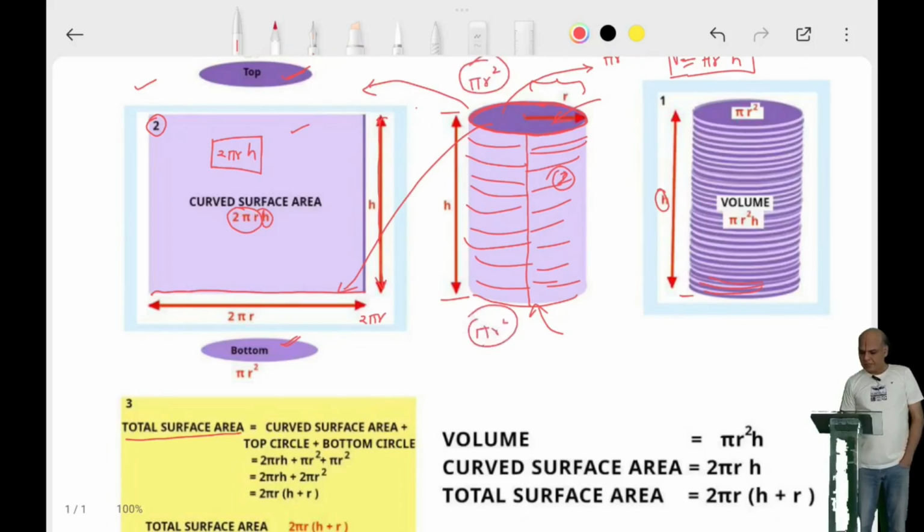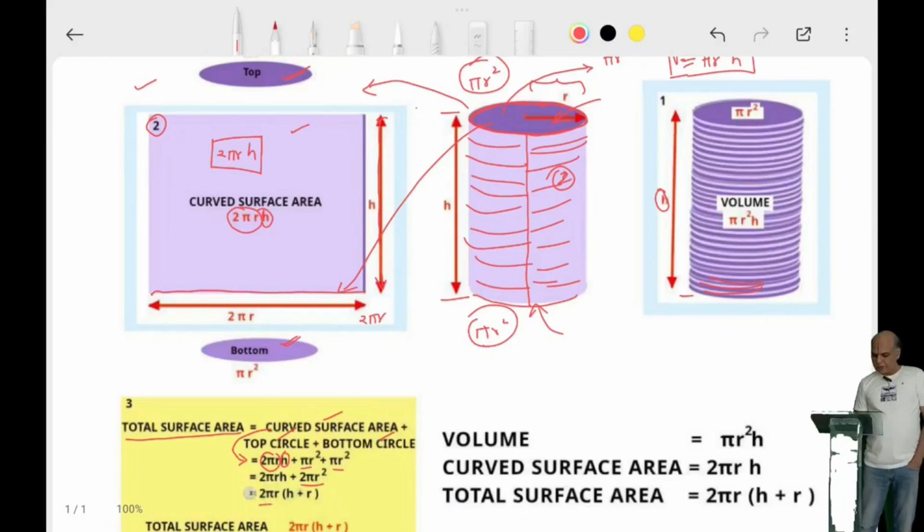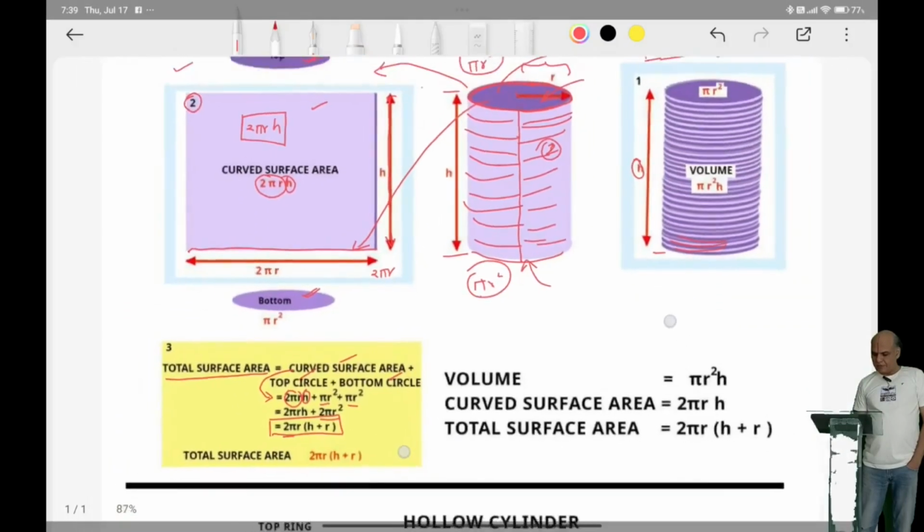So total surface area is the curved surface area plus the top circle area plus the bottom circle area. Curved surface area we have seen is the circumference of the circle into the height of the cylinder. Then the top circle area pi r square and another pi r square for the bottom circle area. When you add these, it becomes 2 pi r square. So if I take out 2 pi r as a common factor, then h plus r. So this is the expression for the total surface area of a solid cylinder.